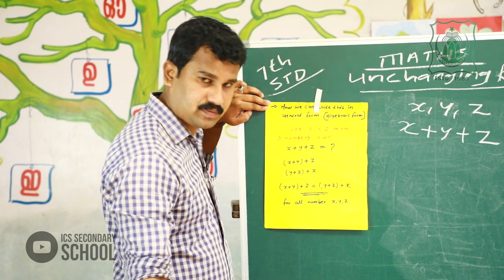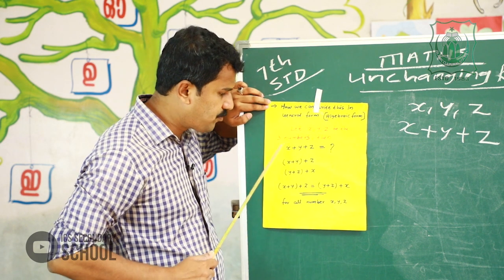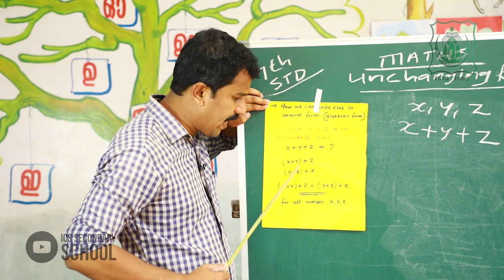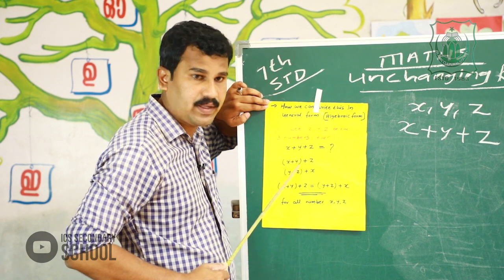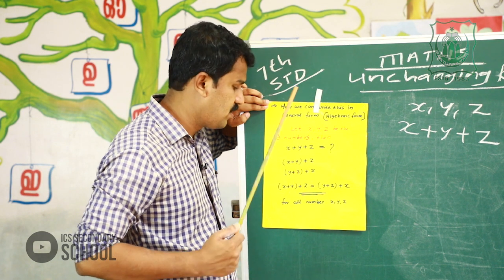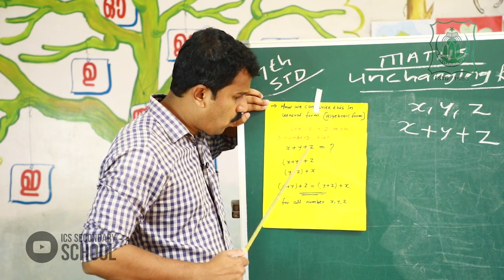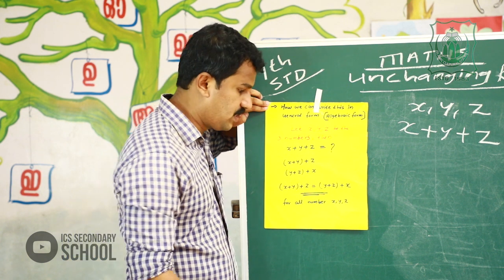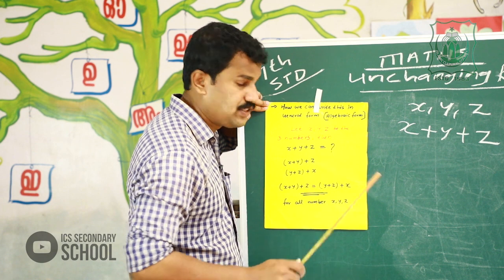First we have to write x plus y, then plus z. Also we can do y plus z first, then plus x. The two methods give the same answer.